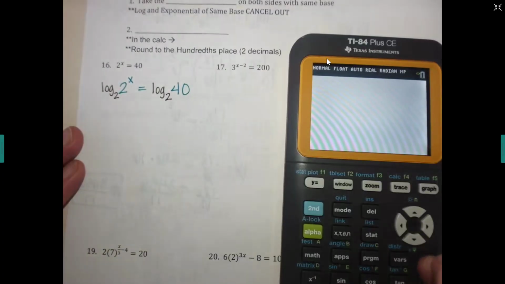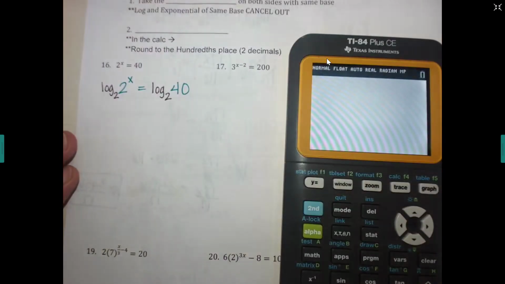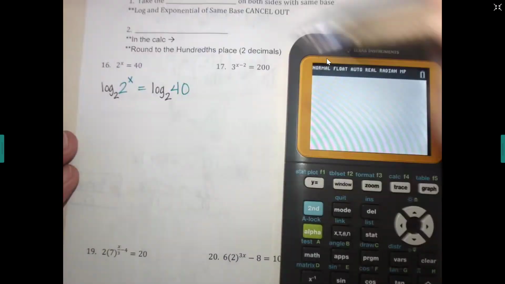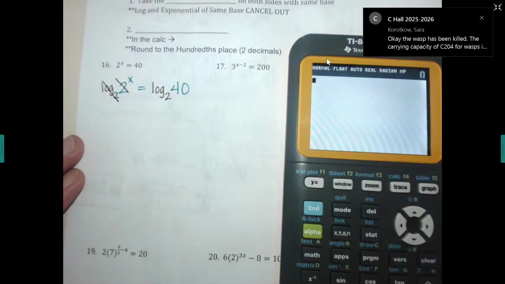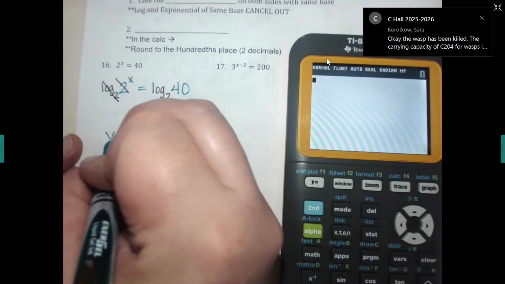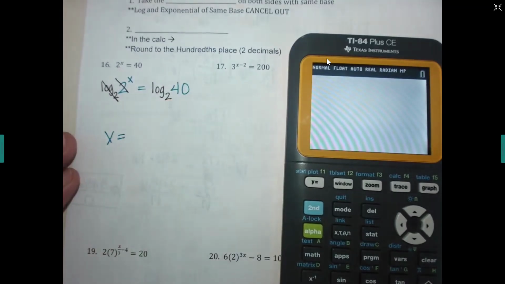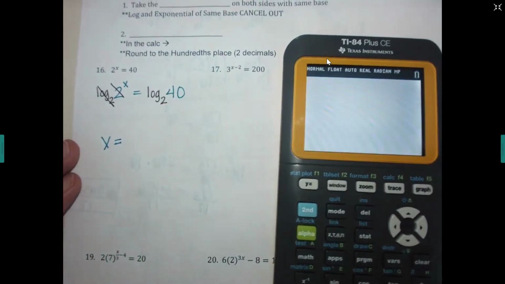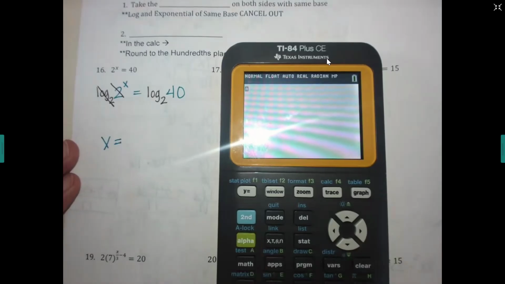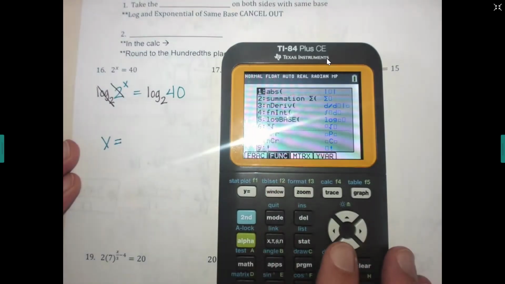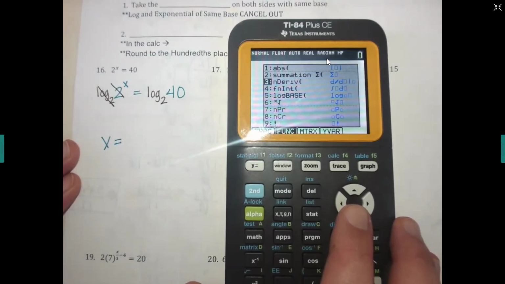Okay. So what happens when we log little 2 on a big 2, we said they do what? They cancel out, thank you. So I have x equals, and then I'm just going to type this into the calculator. Let me show you how. You are going to push alpha, window, and then do you see where it says log base?